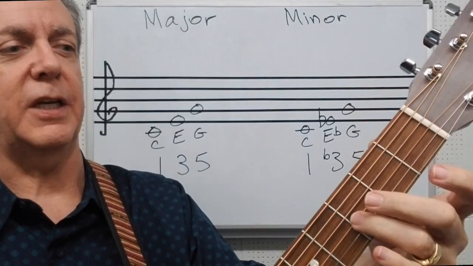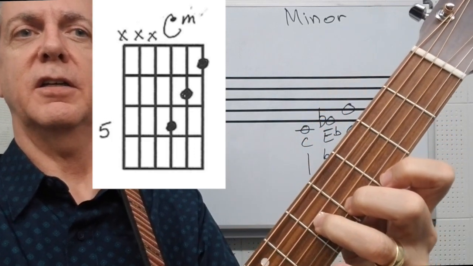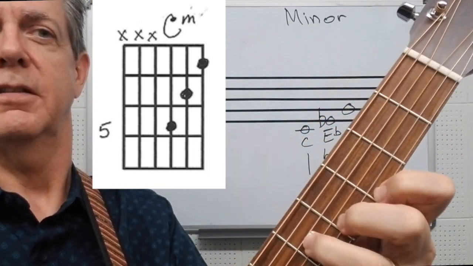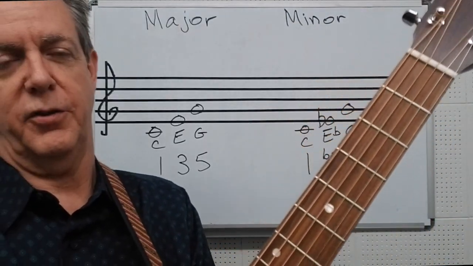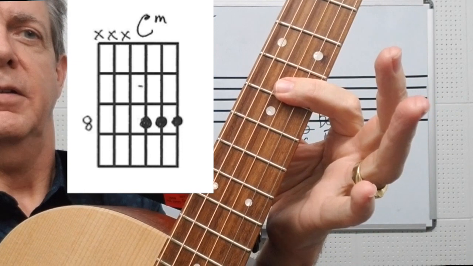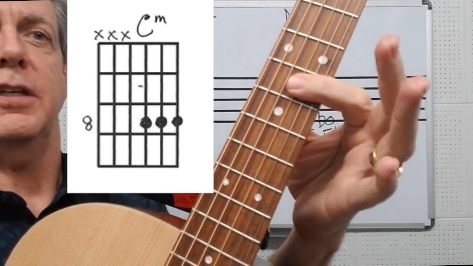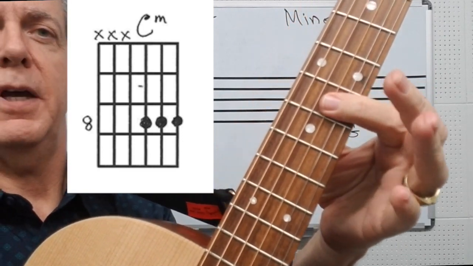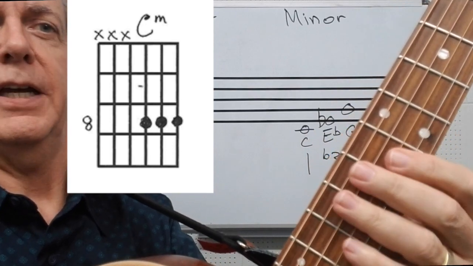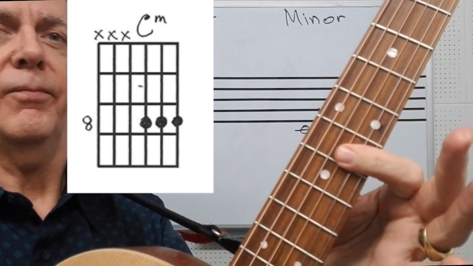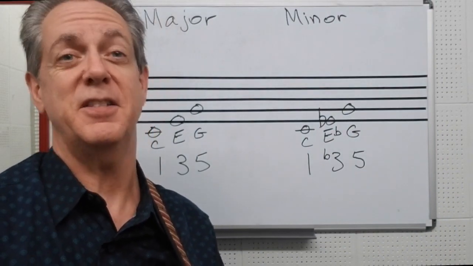Here's another one, C, E flat, G. Okay, you probably know that one. Here's another one up here. Okay, that's C, E flat, G. Or going top down, C, then G, then E flat on that string. Okay? All of those are examples of a minor triad, a C minor triad.